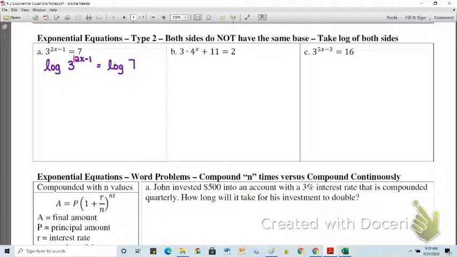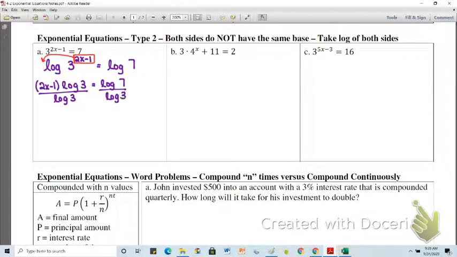It allows me to move this exponent to the front. So now I really have 2x minus 1 times the log of 3 equals log of 7. I'm going to go ahead and divide both sides by log of 3.